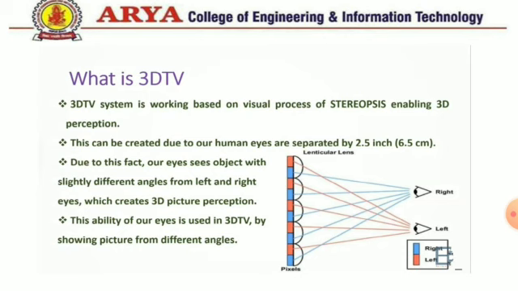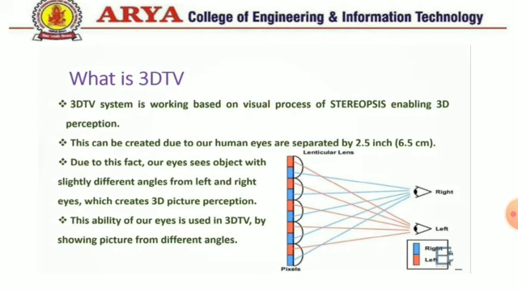Now let us discuss what is 3D TV. A 3D TV system works based on the visual process of stereopsis, which enables 3D perception. So that is completely based on 3D perception, and here we need to understand how perception is created. This can be created because human eyes are separated by a 2.5-inch distance.